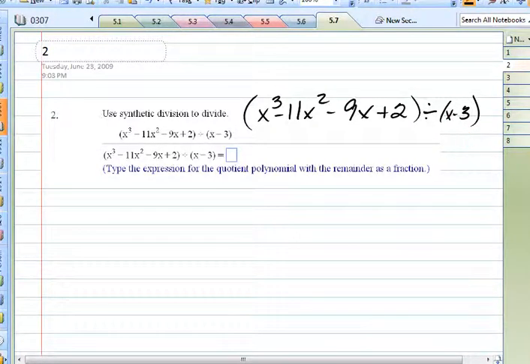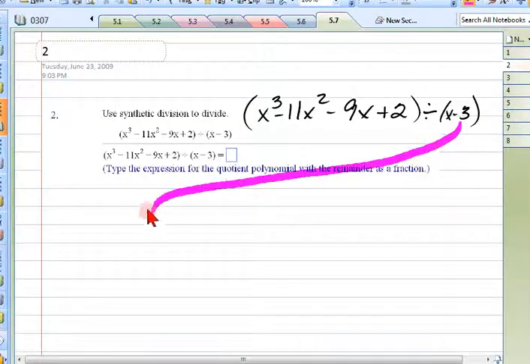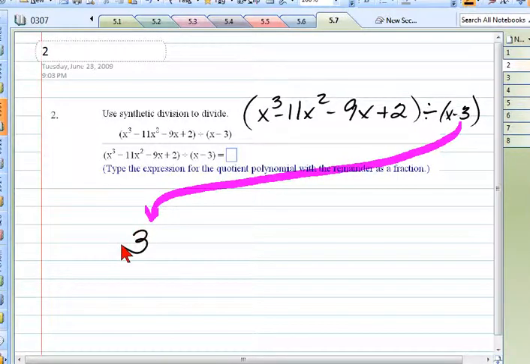Keeping in mind that I need to start out by doing my sign change, what am I going to divide by? Plus 3? Okay, do I need an x? No. Nope, just 3. Sign change. Everybody see where I did the sign change? Okay, now I put the box backwards around the 3. I write down coefficients only.